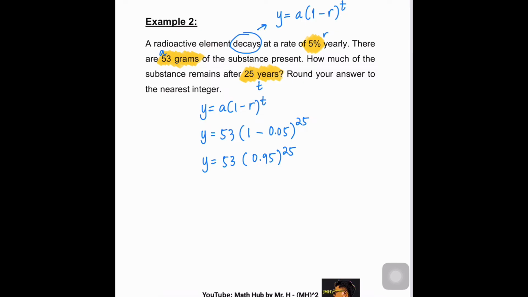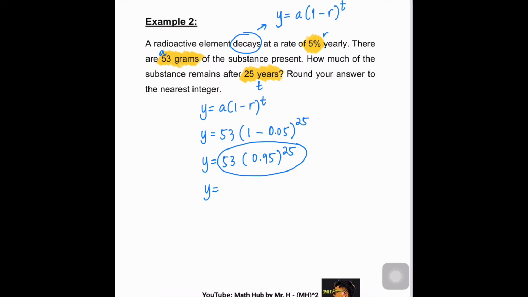From here you can see the decay factor. You have a, and you have b. b is greater than 0 but less than 1. That's why it's decay. If we type all these numbers in on the calculator, make sure to type it in one go.